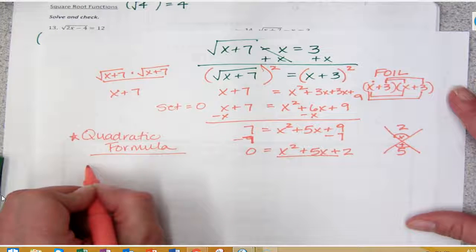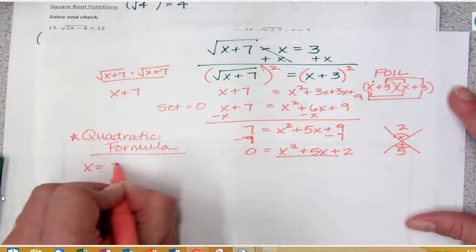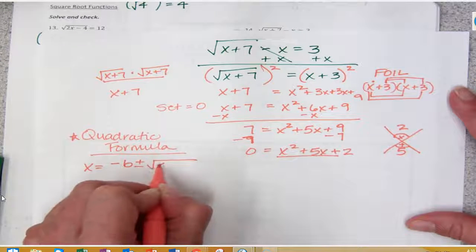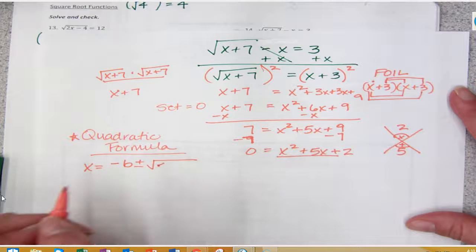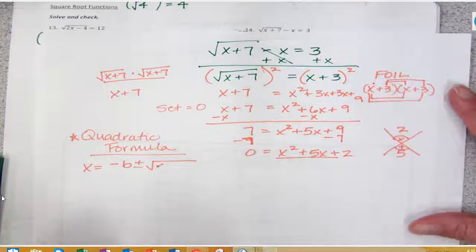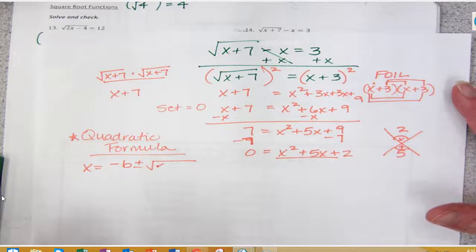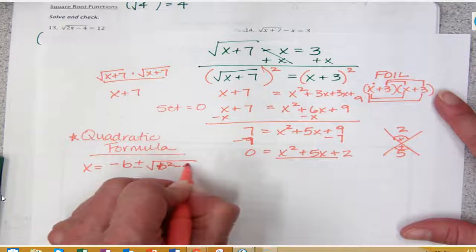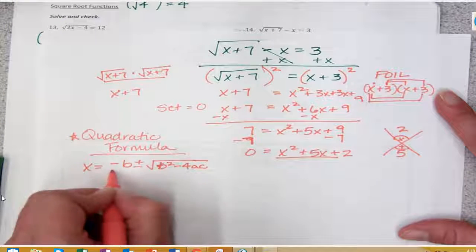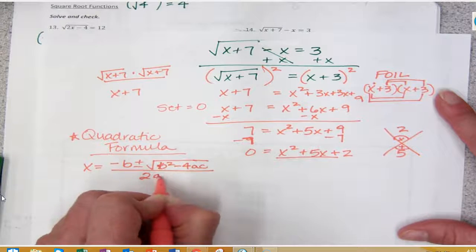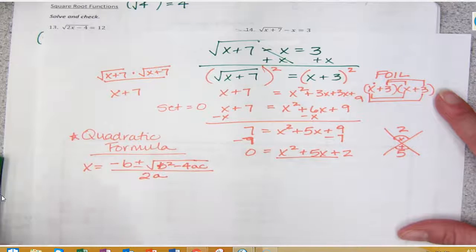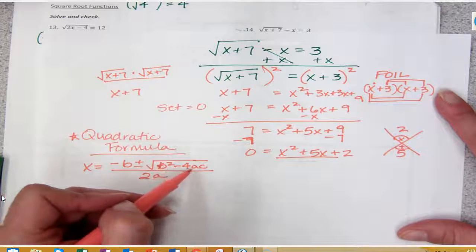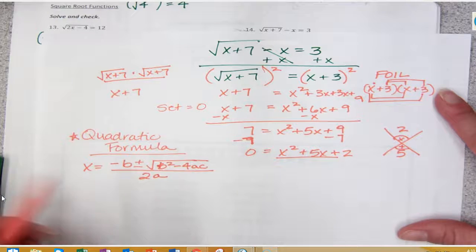But it is x equals negative b plus or minus the square root of b squared minus 4ac all over 2a. I have to sing it. Negative b plus or minus the square root of b squared minus 4ac all over 2a.